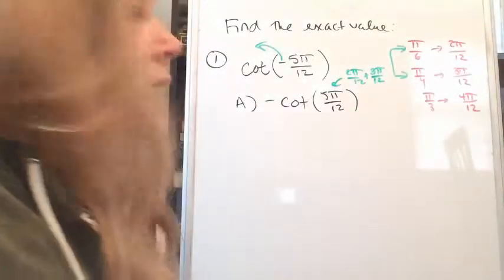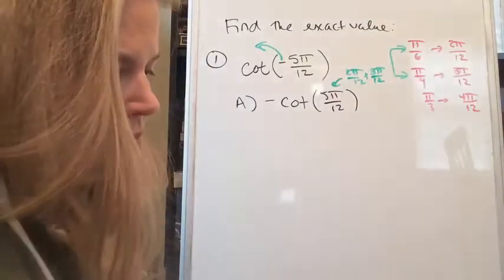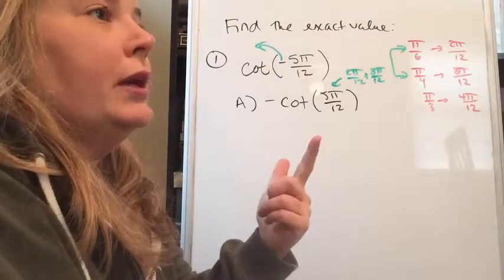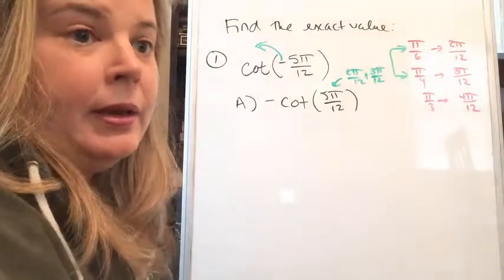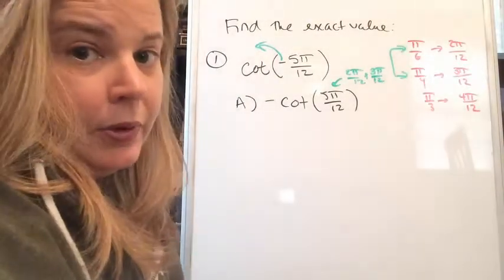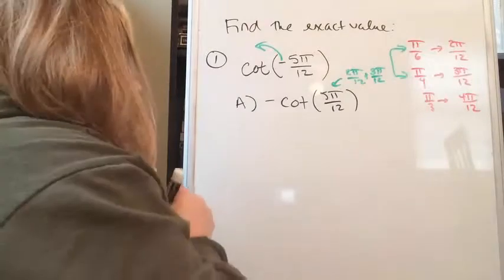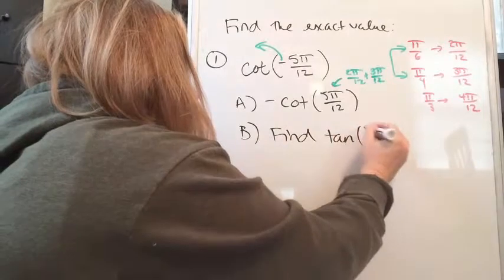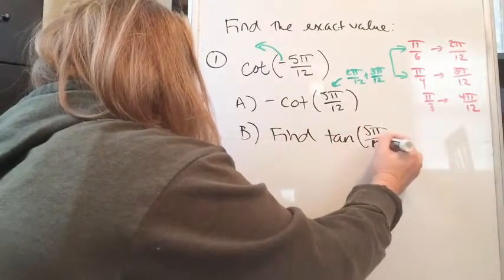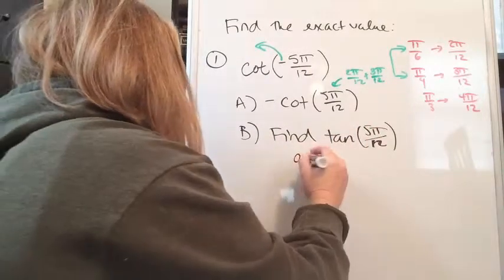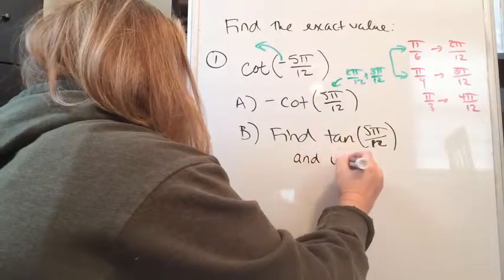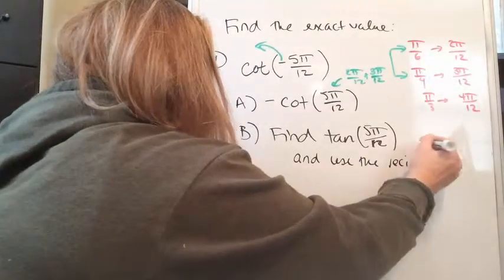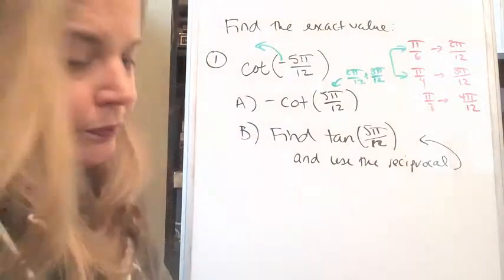The other thing is I don't have a formula for cotangent. So what am I going to use? I do have a formula for sine, cosine, and tangent. So I'll use the tangent formula, get that answer, and then find the reciprocal. So I'm going to find tangent of 5 pi over 12 and use the reciprocal of this to get cotangent.